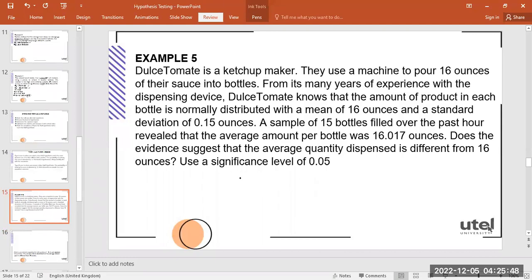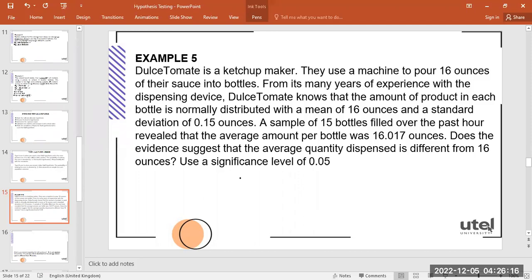Now let's go straight ahead with examples of real life calculations and see how all these tests can be carried out. The first question says, Dolce Tomate is a ketchup maker. They use a machine to pour 16 ounces of their sauce into bottles. From its many years of experience with the dispensing device, Dolce Tomate knows that the amount of product in each bottle is normally distributed with a mean of 16 ounces and a standard deviation of 0.15 ounces.